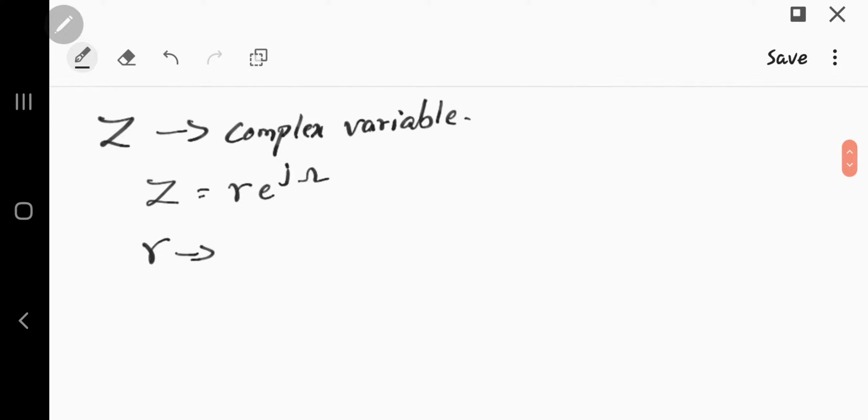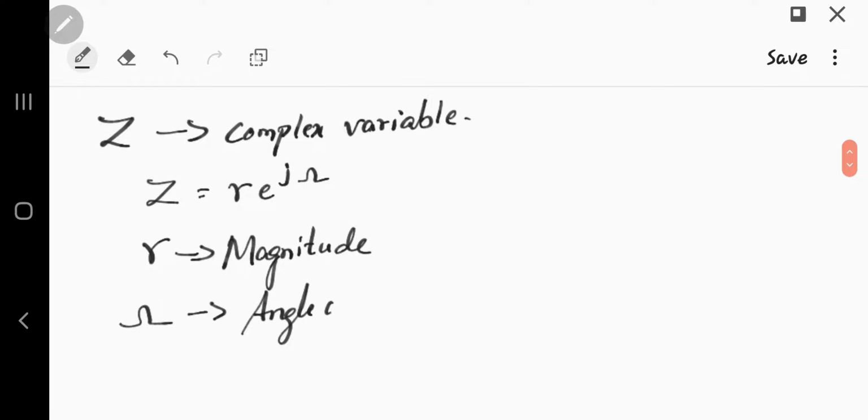So what is this r? This is the magnitude of z, and omega is the angle of z.